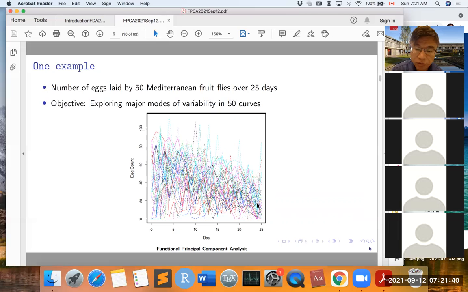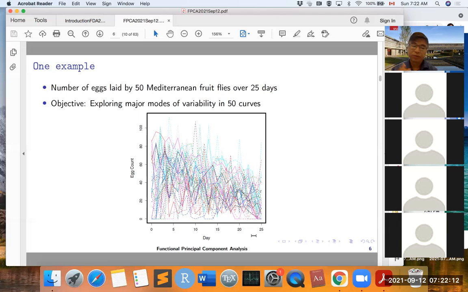When they reach day 25, they will lay fewer eggs, so the variation among these 50 curves will be the smallest around day 25. So you can see our top FPC is able to automatically find out where to put the highest weight and where to put the lowest weight.